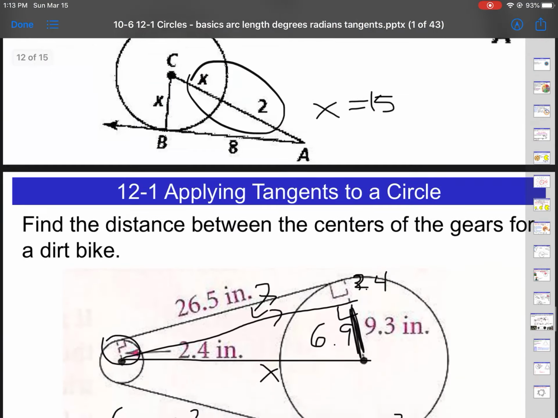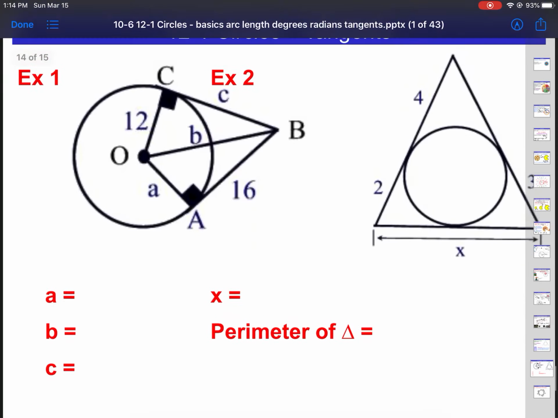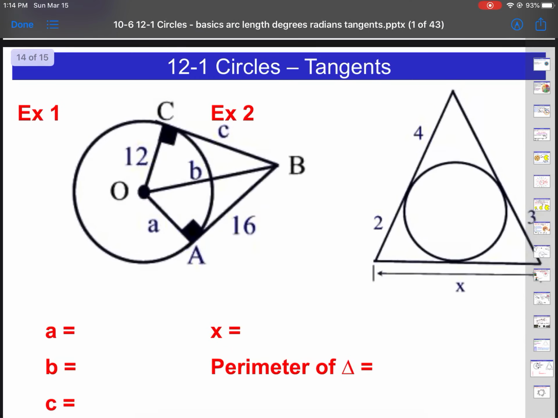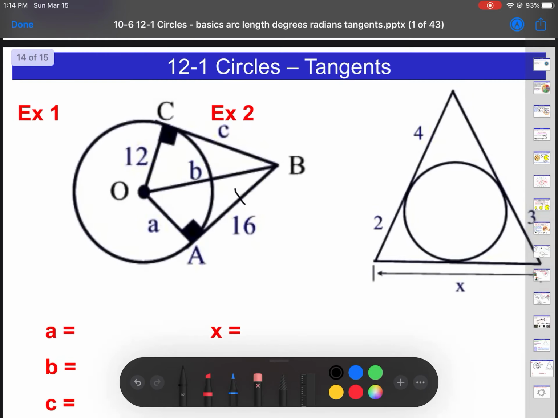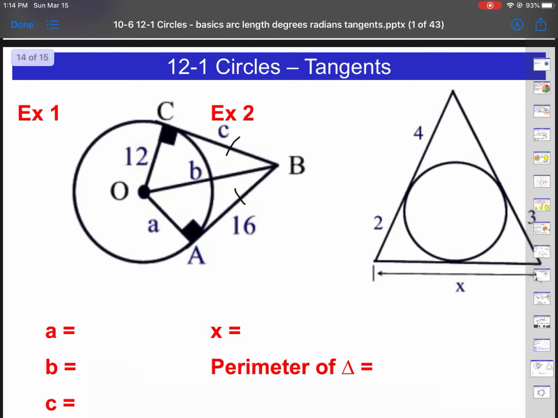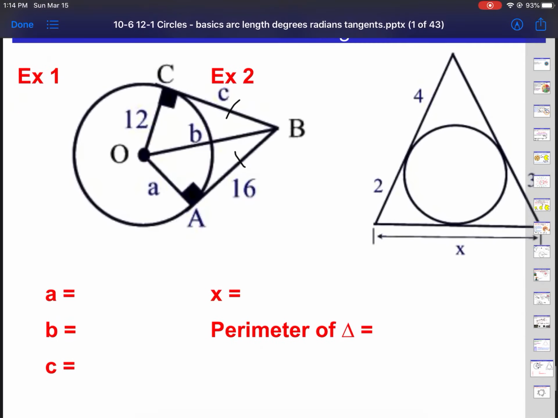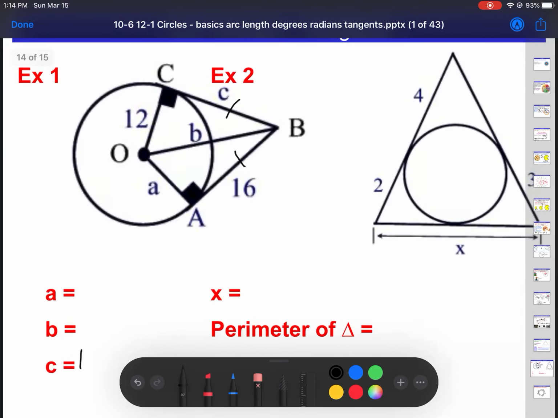Hopefully these videos get a little better as we do them. Okay, so in this example 1, we can see AB and CB are both tangent lines and they have the same endpoint. So that means that CB is equal to AB. So I'm going to just put a little tick mark here and here. And so CB is 16.